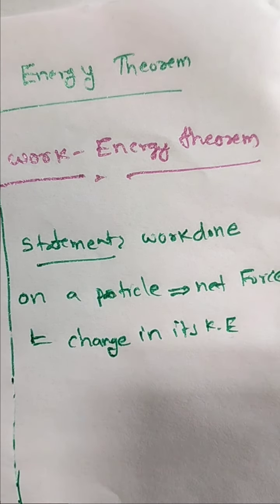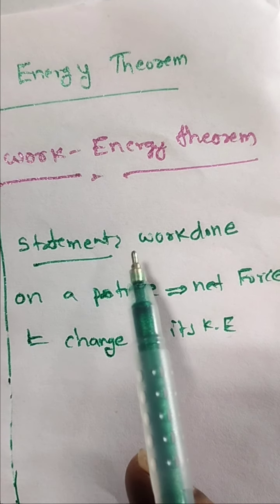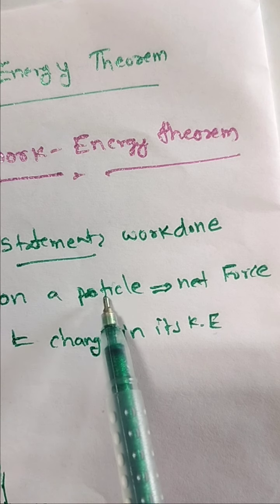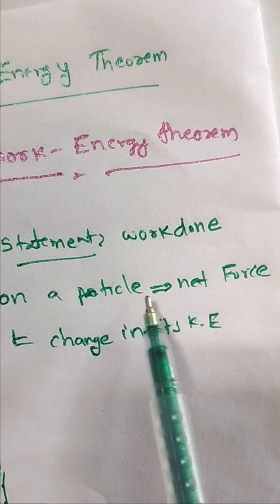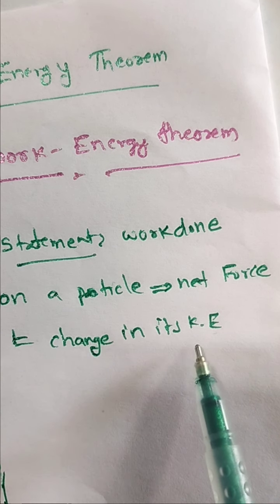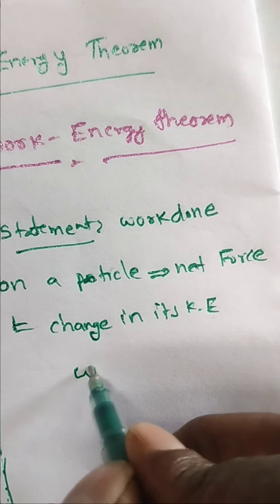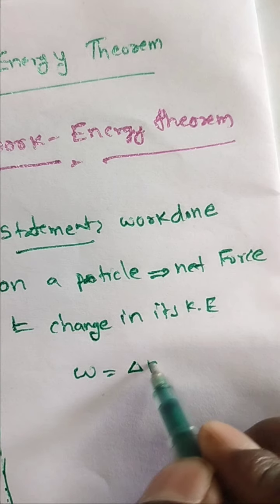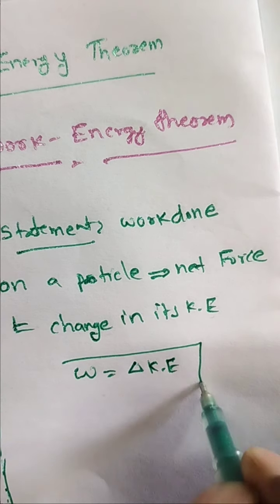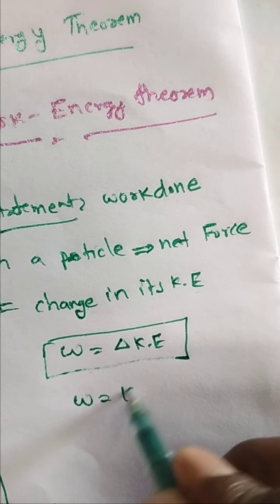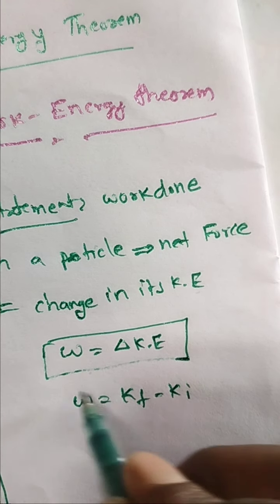This is the work energy theorem statement. The work done on a particle by the net force is equal to the change in kinetic energy. So work done means W is equal to delta K.E., the change in kinetic energy, that is W is equal to K final minus K initial.